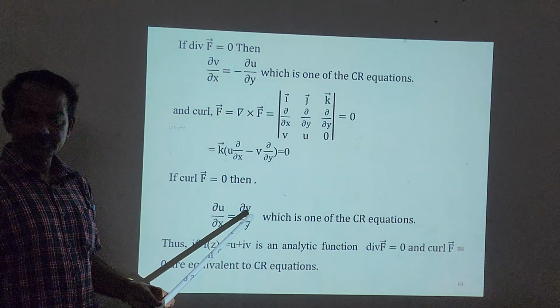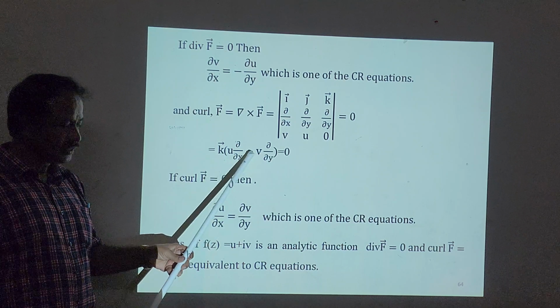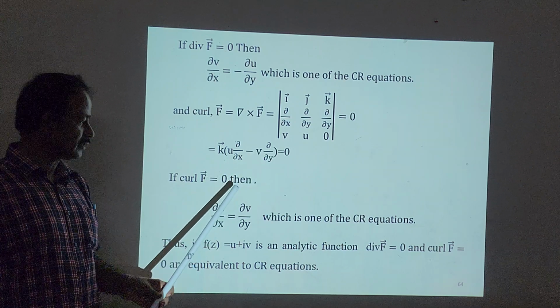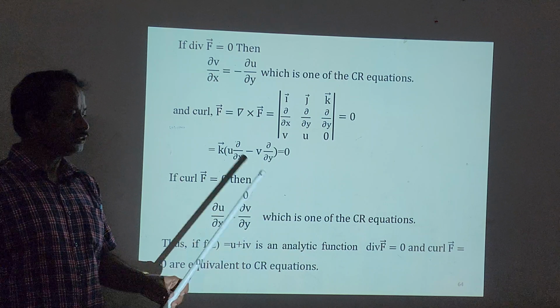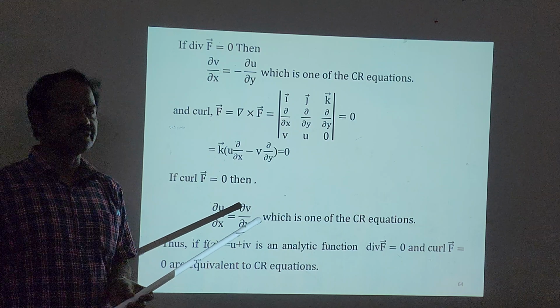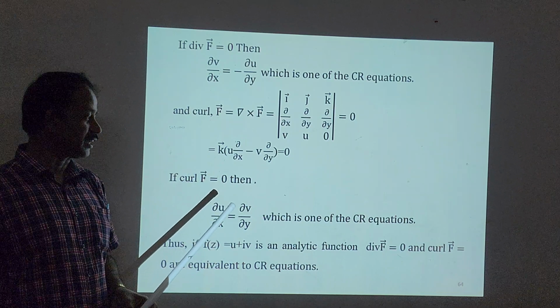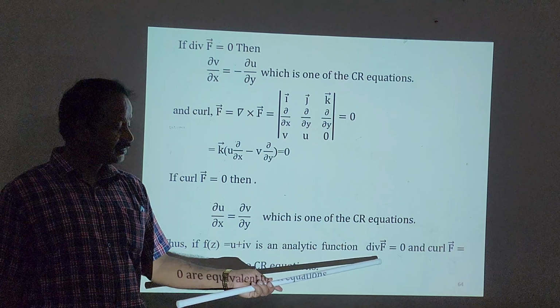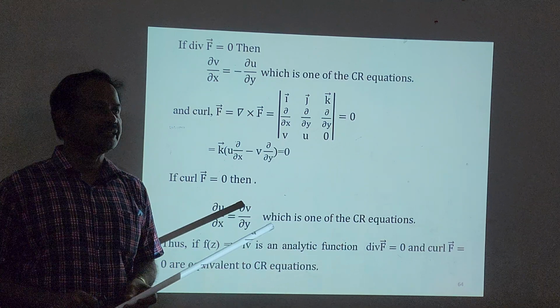So you just take this term to that side. So you have du by dx minus dv by dy, and that will give you du by dx equals dv by dy, which is one of the Cauchy-Riemann equations. Thus f of z equals u plus iv is an analytic function, provided div f equal to 0 and curl f equal to 0 are equivalent to the Cauchy-Riemann equations.